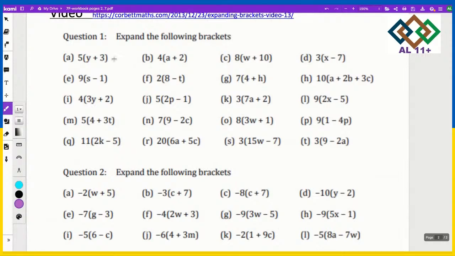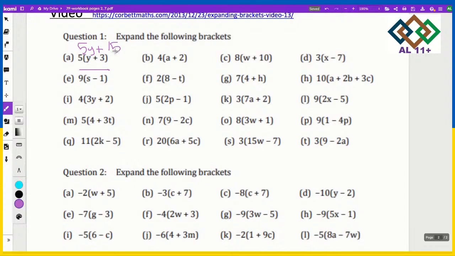So in the next one, you all have to open the brackets. I'll tell you how to do that. When you have brackets like this, it means you're multiplying the outer number by the inner number. So we'll do 5 multiplied by y, which is 5y, plus 5 multiplied by 3, which is 15.